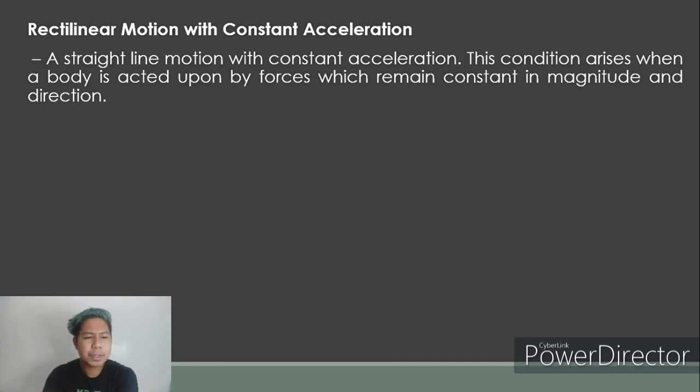So ito daw yung mga motion na kung saan nagta-travel sila in a straight line path o straight line motion. Hindi pa liko-liko. Alright, so dito sa topic natin ng rectilinear motion with constant acceleration, meron tayong mga key formulas.